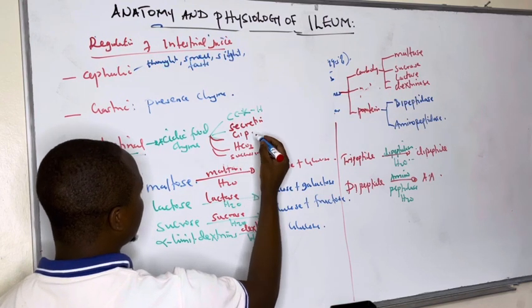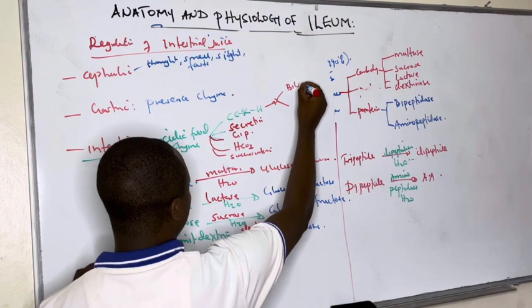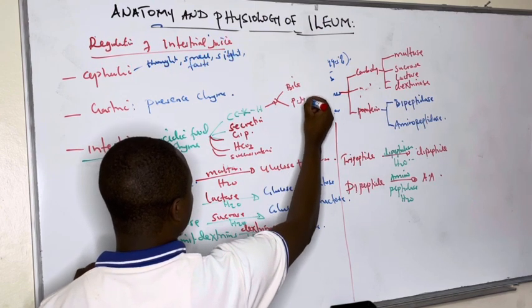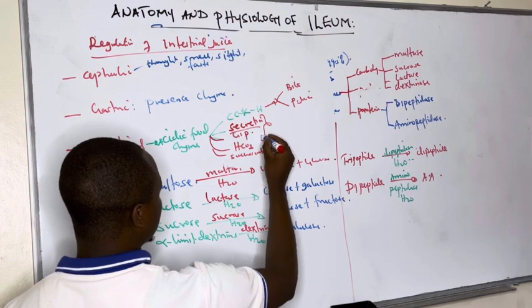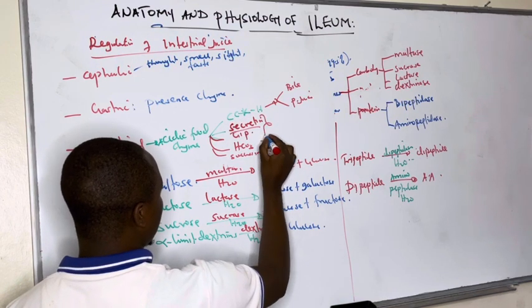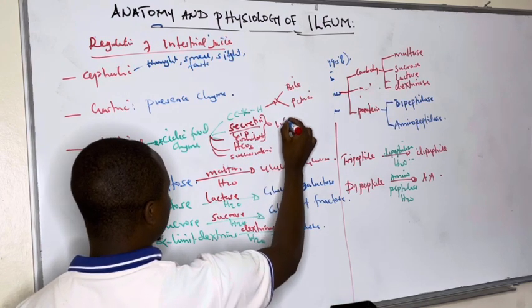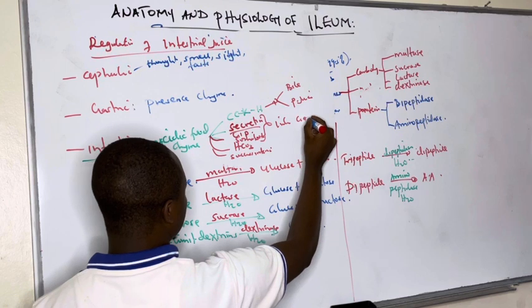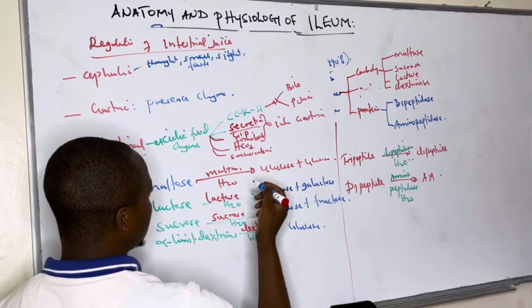With the presence of food, we saw that this plays two roles, that is bile production and pancreatic juice. Then these, that is secretin, GIP, and I can also add somatostatin, inhibit production of gastrin when they are produced.